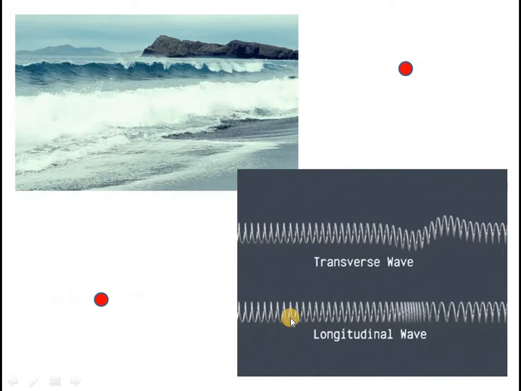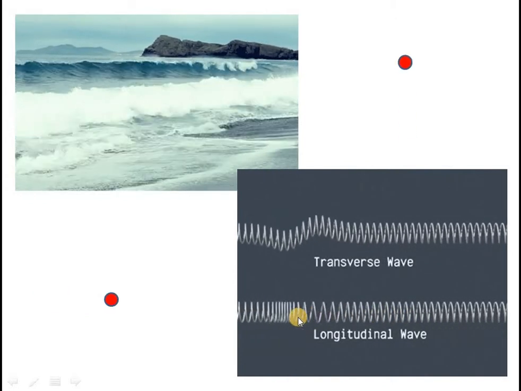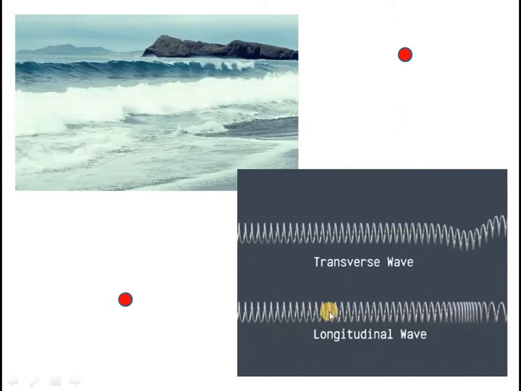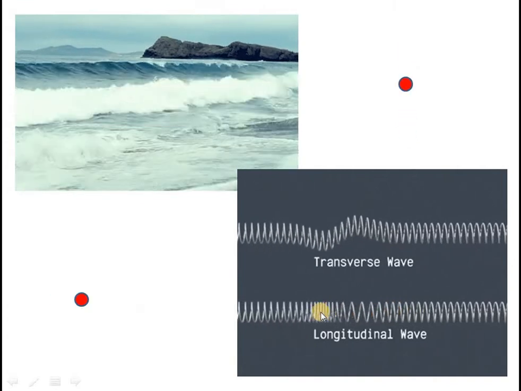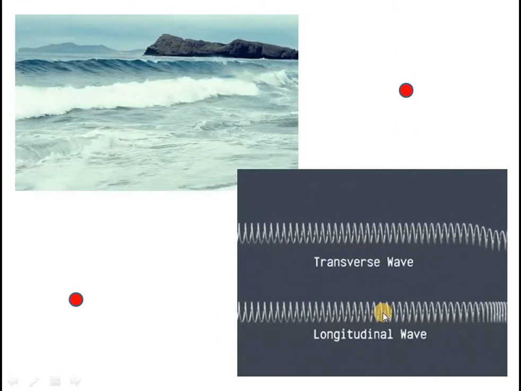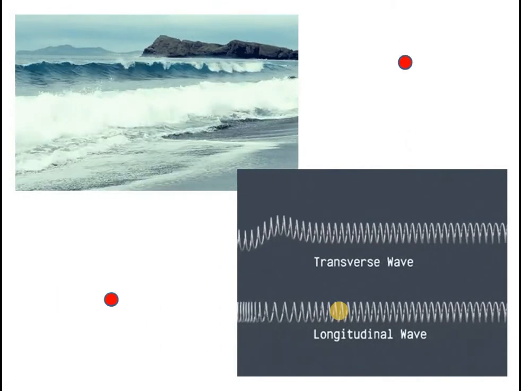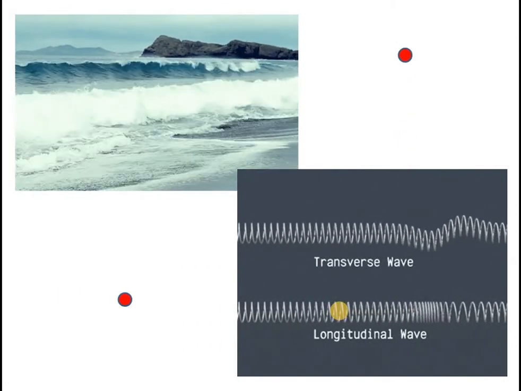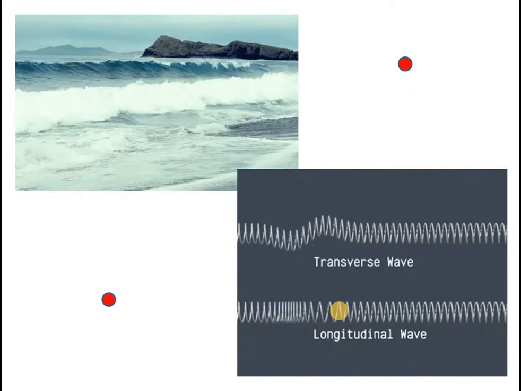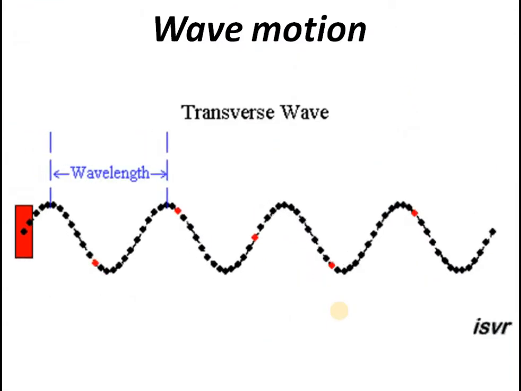Longitudinal means along the direction of energy propagation, parallel to it. So we broadly classify wave propagation into transverse waves and longitudinal waves.